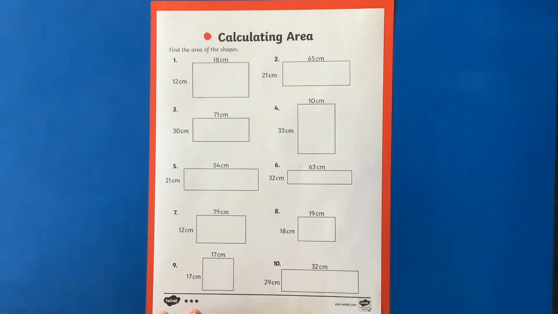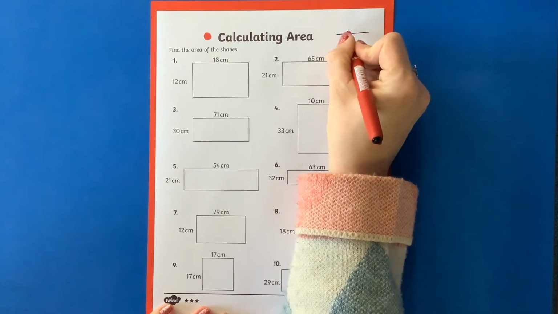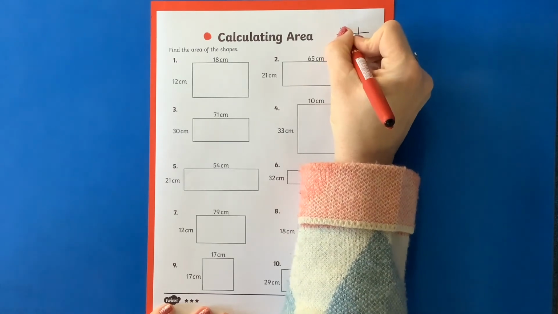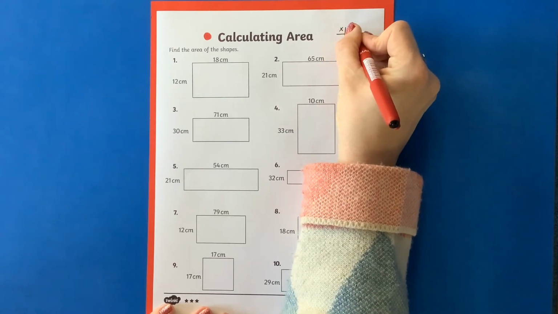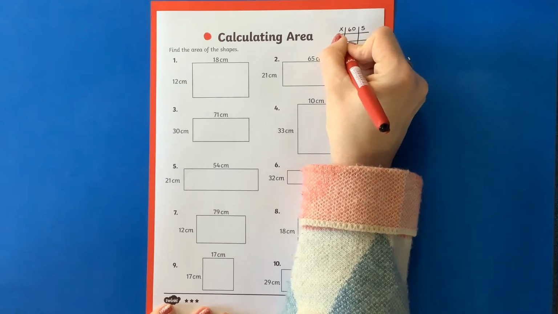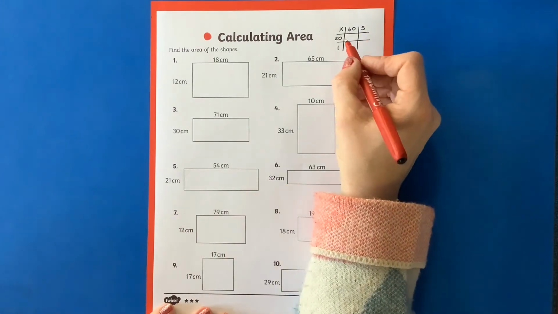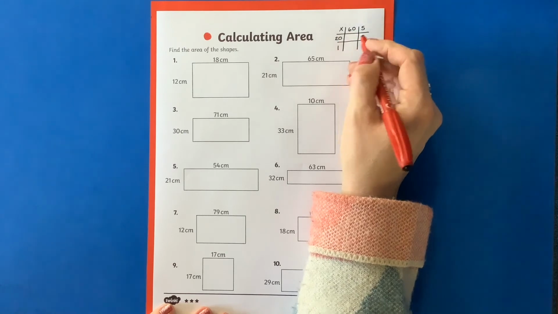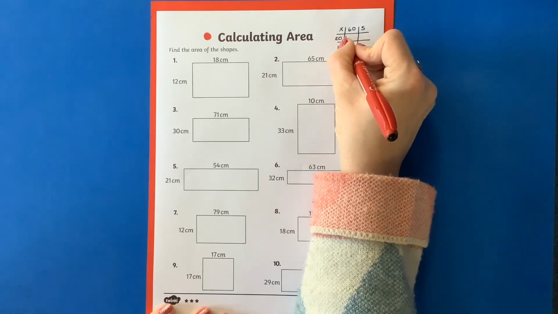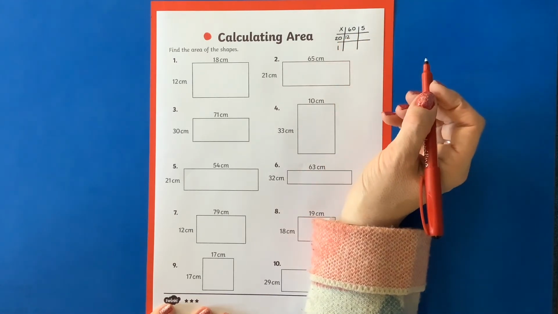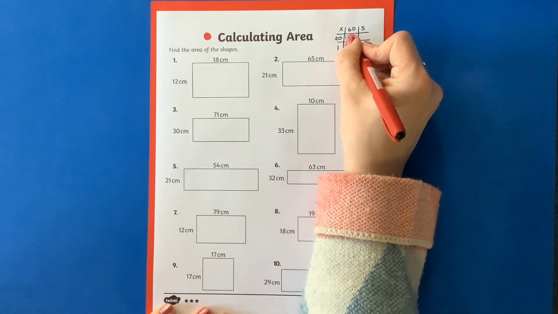Let's do number 2. 65 times 21. So I'm going to draw myself a grid. Okay, I've got my 2 numbers I need to multiply together. 2 times 6 is 12, and then because I've got 2 zeros, I need to make my 12 100 times bigger.